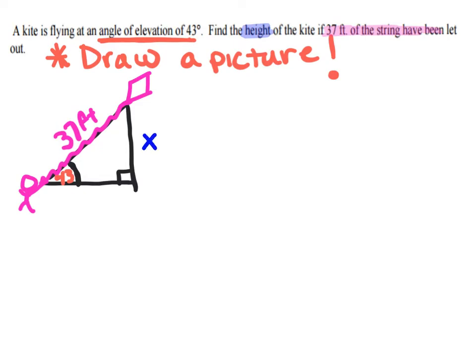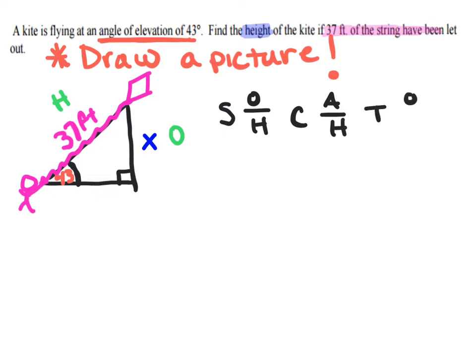Now, using this diagram, I can set up a trig ratio to solve. So if I label my sides, I have the hypotenuse, opposite, and adjacent. Since there's nothing on the adjacent, I can erase that. And using SOHCAHTOA, I'm given an opposite and hypotenuse, so you'd have to use sine.